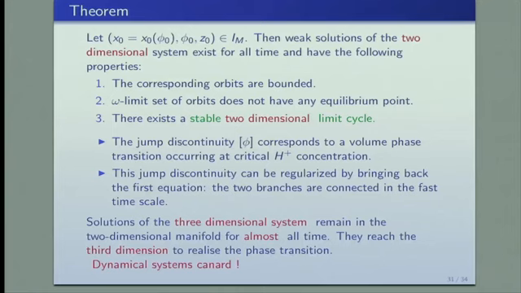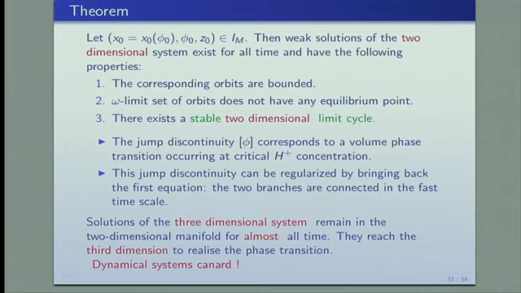And there might be more than one, but there is one which has been observed. So we observed those experimentally, and there is more than one, which is not the one that we're looking for, that also shows up. And so that's what I commented, that the jump discontinuity in the volume fraction corresponds to the phase transition occurring at the critical pH.